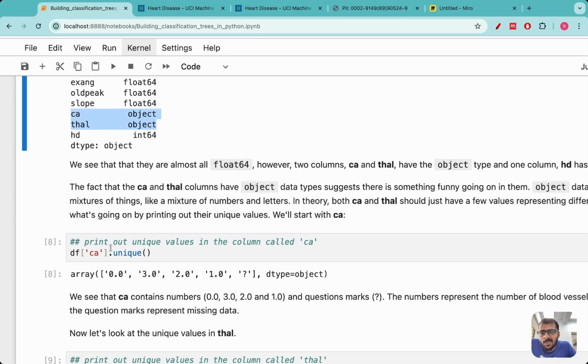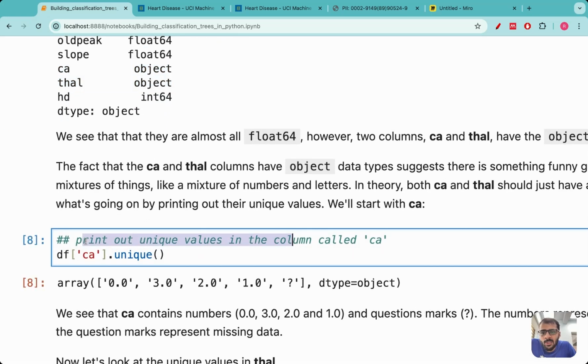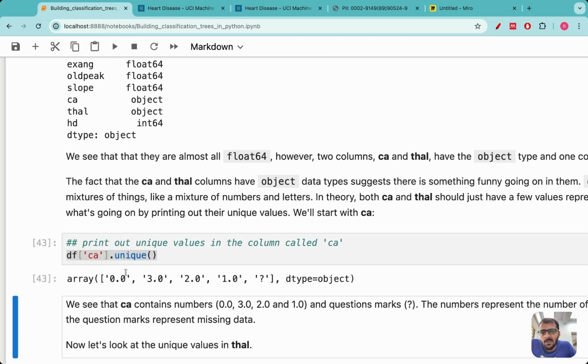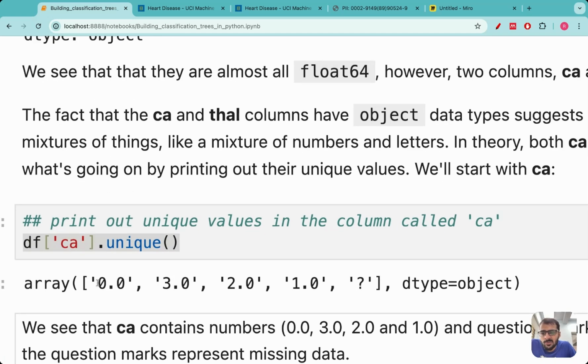The way to check that is to print out the unique values in the column called CA. So data frame CA dot unique. Let me run this. When you run this, you will see the unique values. It has 0, 3, and 2. That is fine because it's the number of blood vessels which lit up under fluoroscopy.